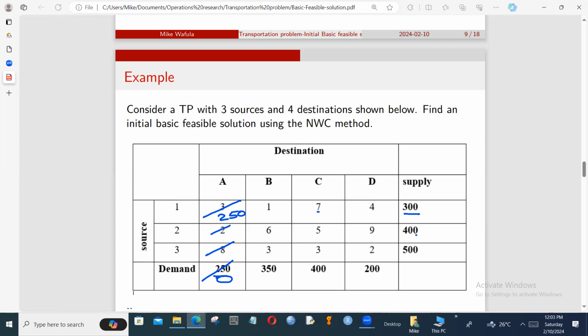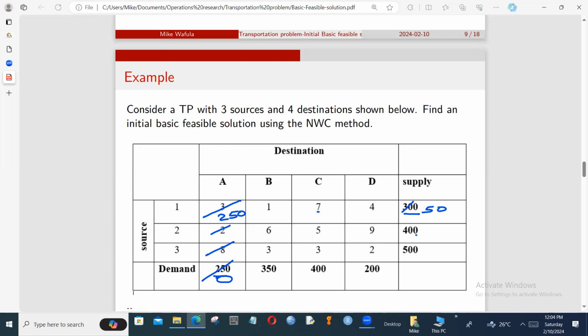But source 1 will be remaining with 50 more units to be supplied to another destination, because in this row you have only given out 250. So it still has 50 more units that can be supplied to another destination.